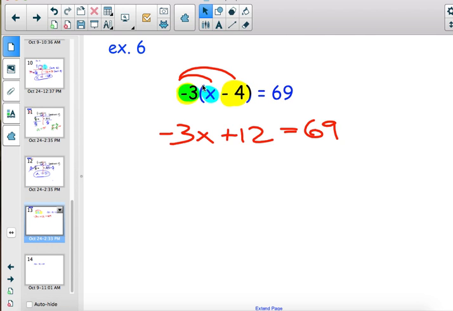I would read this as -3 times x minus 4. But when you're distributing, you want to attach whatever symbol is in front of the number to that number. So instead of treating it like a 4, you can treat it like -4.